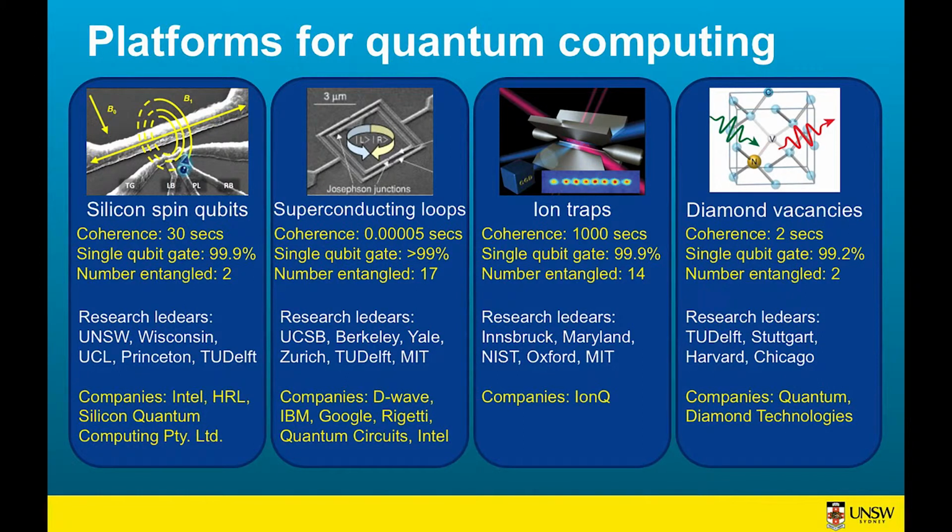Here, for each platform, I have listed leading academic institutions as well as private companies like Google, Microsoft, IBM, or Intel, to show you that there really is a technological race to build a quantum computer, and the winner is yet unknown.